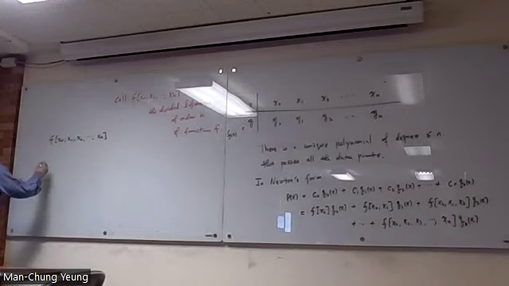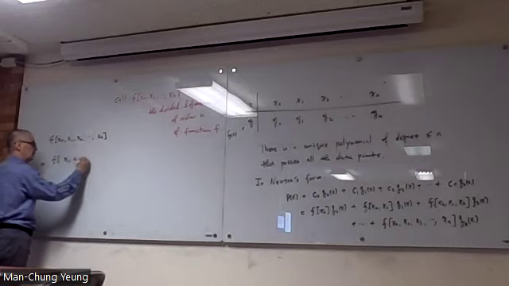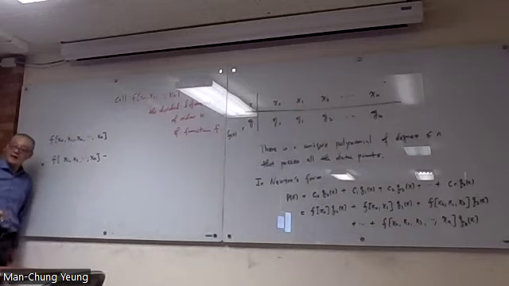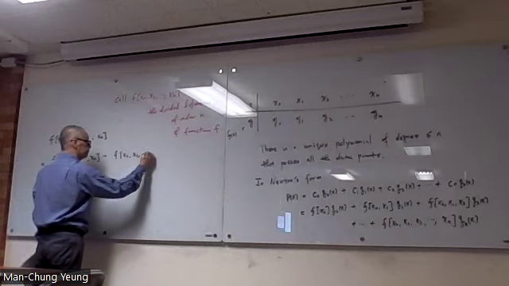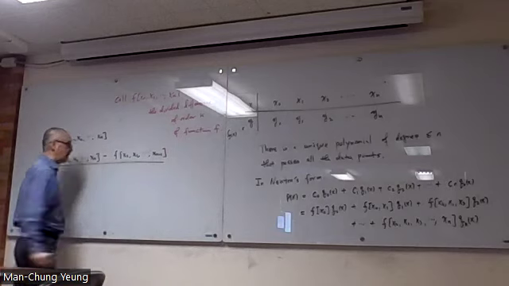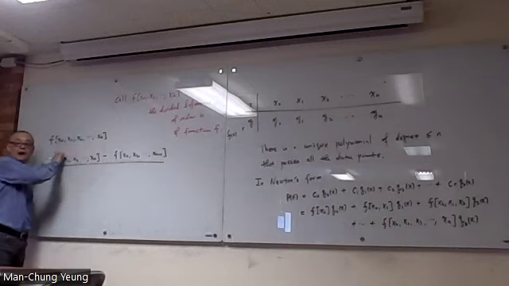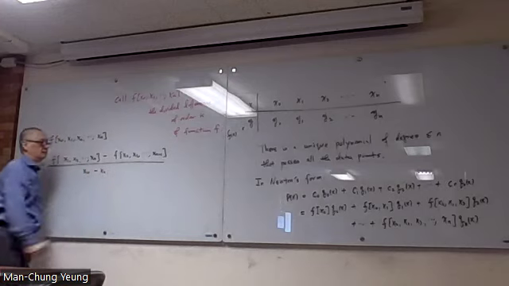The formula is this: the divided difference of order n minus 1 from x1 to xn, minus the one from x0 to x_{n-1}, then divided by the last root xn minus the first root x0.